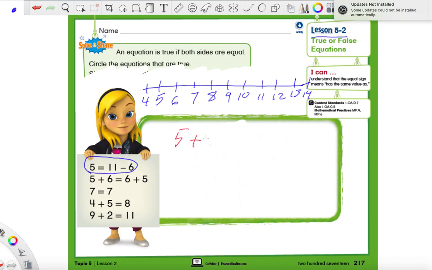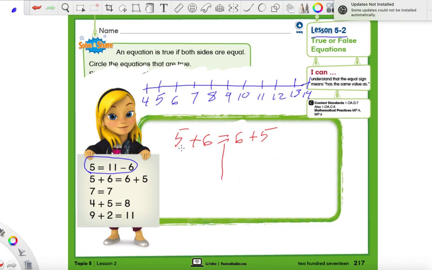Okay, so I have 5 plus 6 equals 6 plus 5. Now I'll show you guys the very careful way of doing this, and then I'll show you the easy way of doing this, okay? And the easy way is only going to be for problems that are very, very similar to this one.